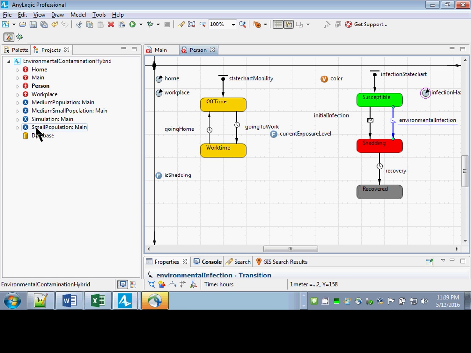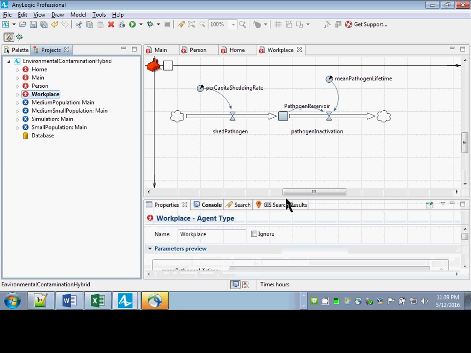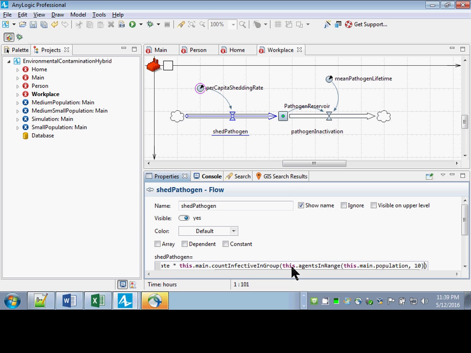Now, within this context, both the home and the workplace are associated with pathogen reservoirs that can build up, ladies and gentlemen, over time. So these build up as a result of shedding by agents who are infected.